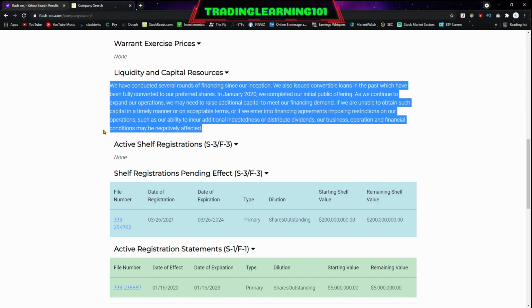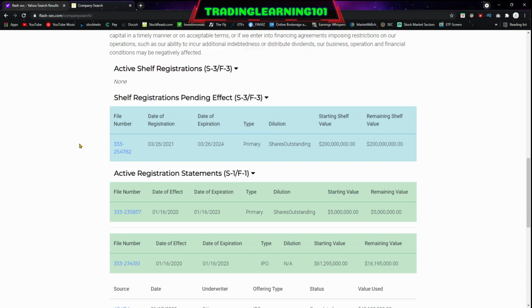So they're out here on that money grind, is what it's saying. So you can see here, they have shelf registrations that are pending. The date of registration, the expiration, the type, primary, shares outstanding, 200 million shares, and they still have it.